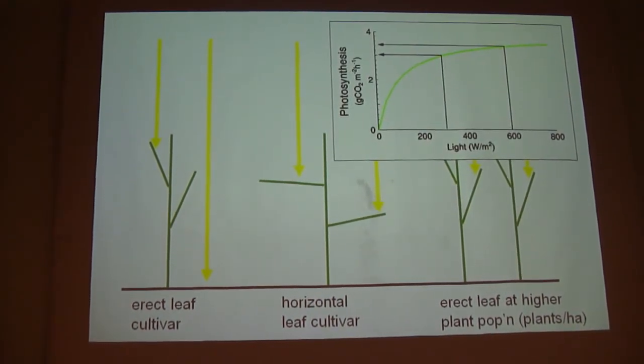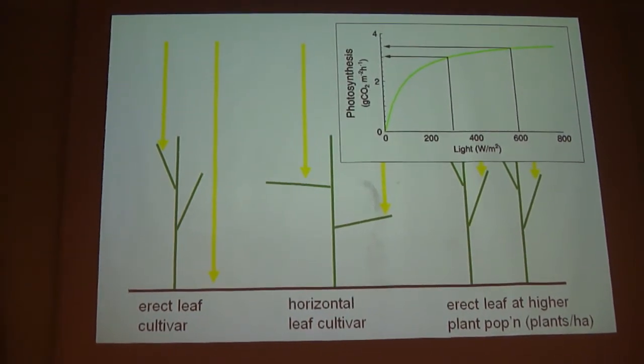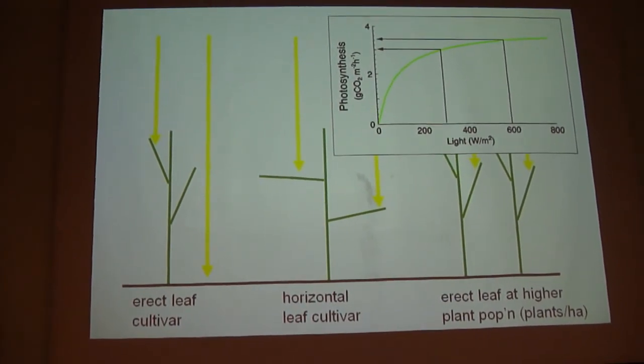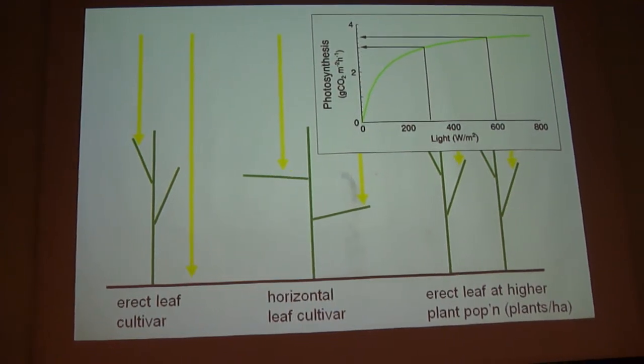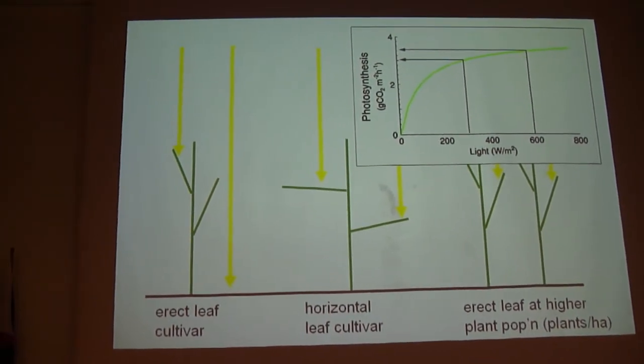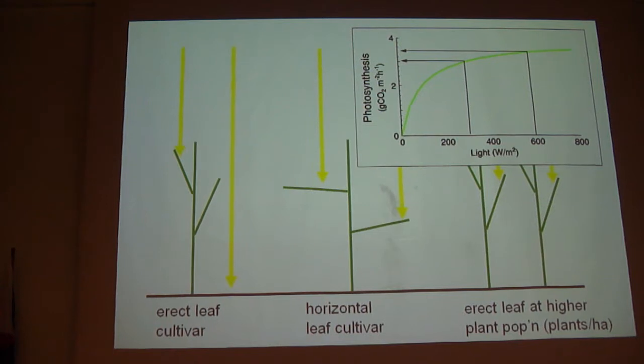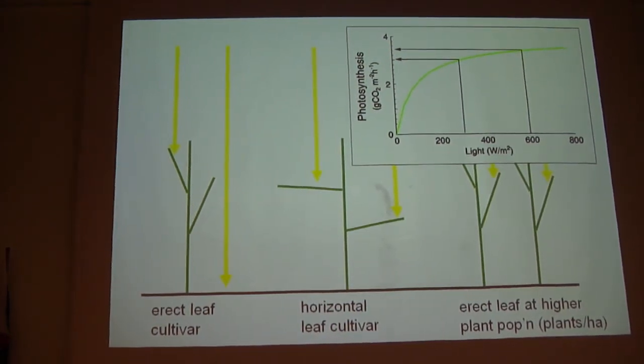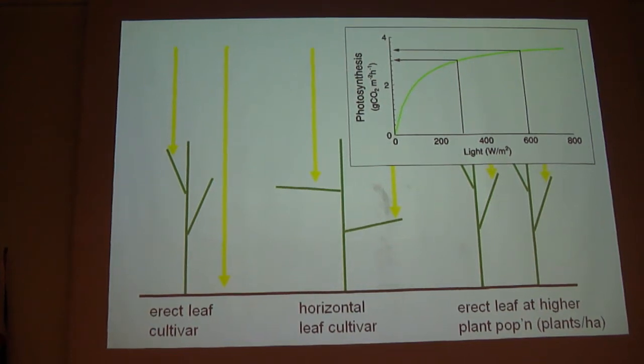And because C3 photosynthesis in particular tends to saturate at high light, there's no point in having your upper leaves get twice as much light as they can use. It's much better to spread the light over all of the leaves.